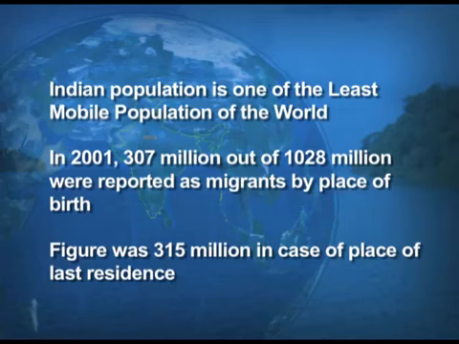In 2001, 307 million people, around 30% of the population, were reported as migrants on the basis of the criterion of place of birth. And when we talk about the place of last residence, 31% of the population migrated under this criterion.